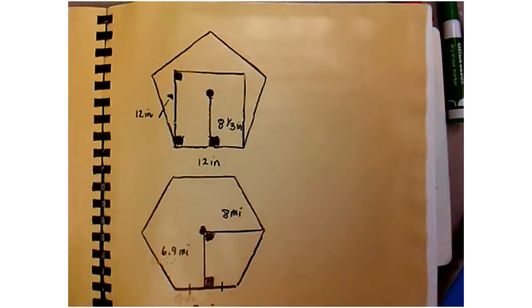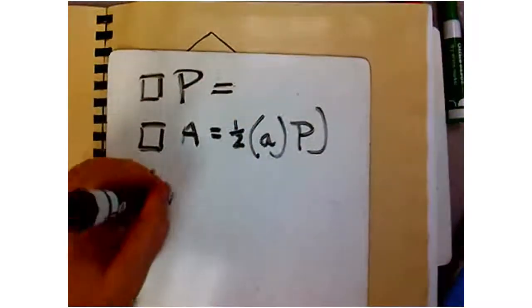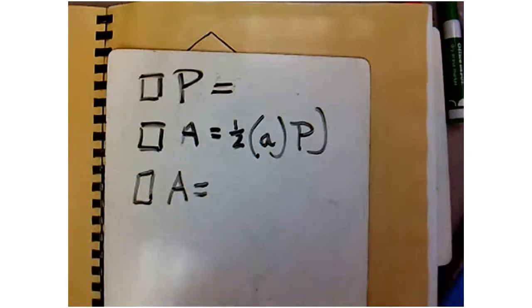All right. So we have the same process, don't we? We're going to find the perimeter. We're going to find the area of our regular hexagon, and the area of a trapezoid. Now, what's the formula for that? What's the area of a trapezoid?